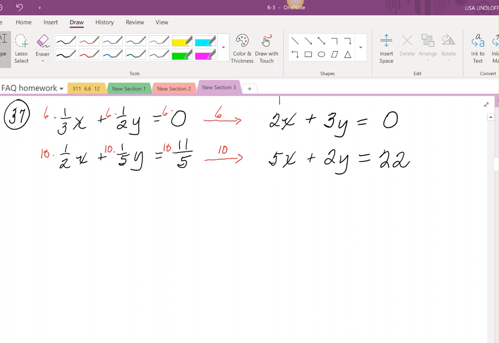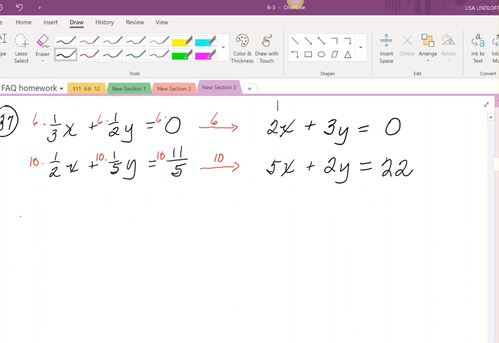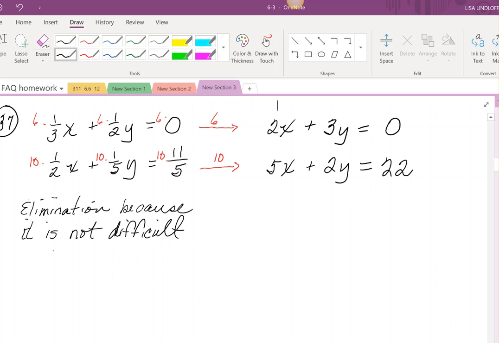Now that it's in this format, I make a decision that I will use elimination, because it is not difficult to create opposite coefficients.